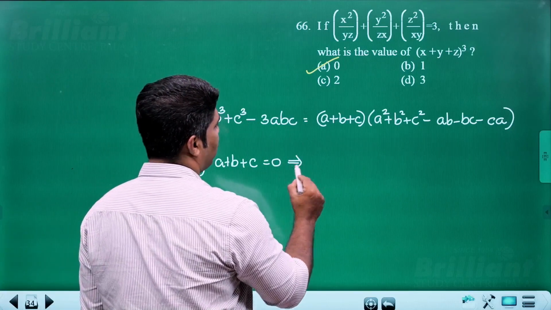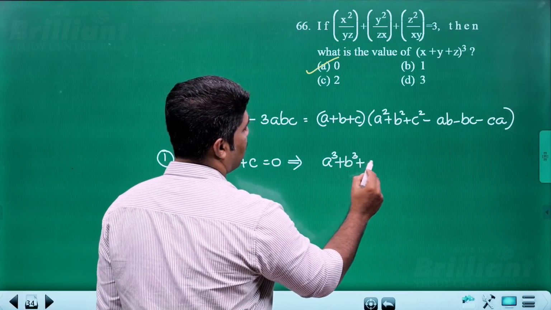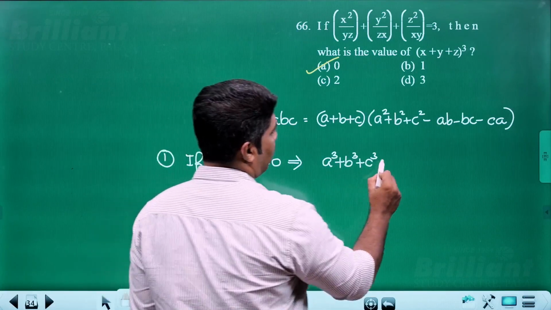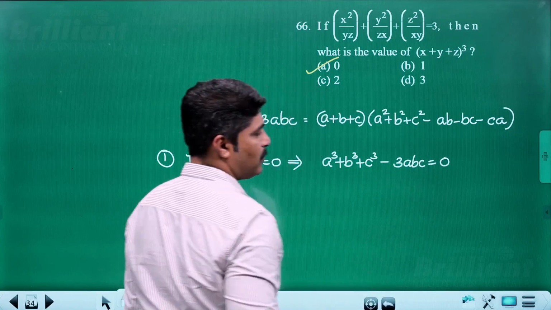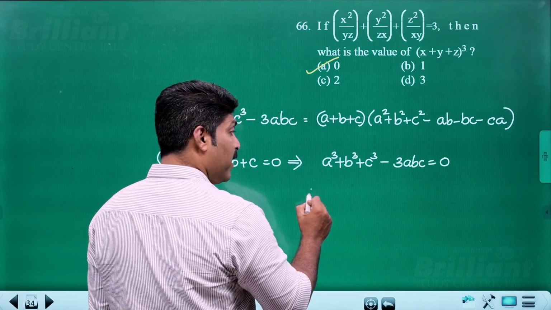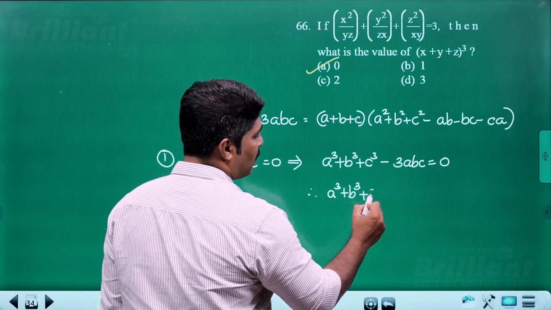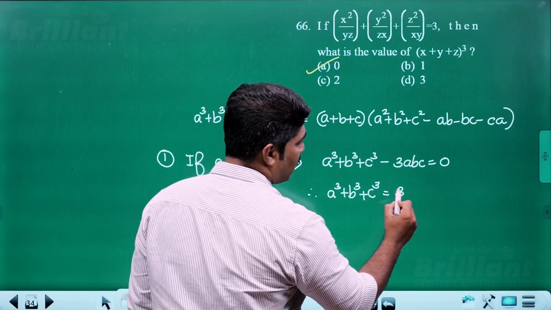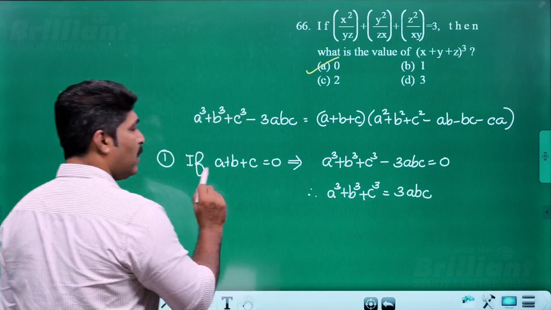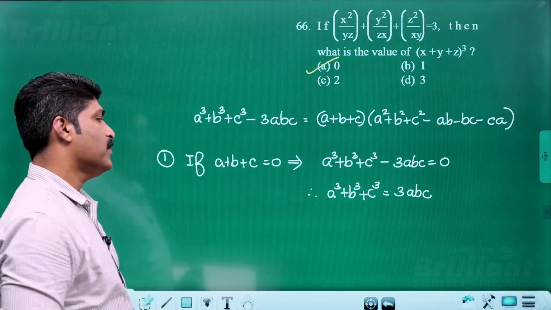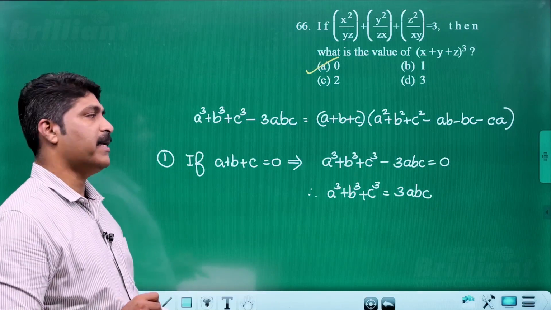So what can we conclude? a cube plus b cube plus c cube minus 3abc equal to 0. From here, we can write a cube plus b cube plus c cube equal to 3abc. Understand? It occurs when a plus b plus c equal to 0. So this is the commonly considered possibility.